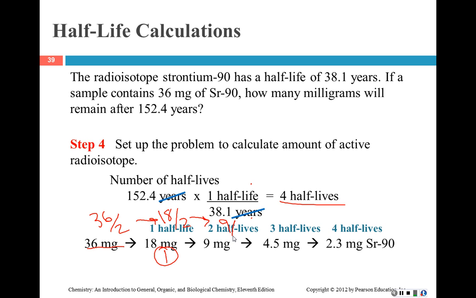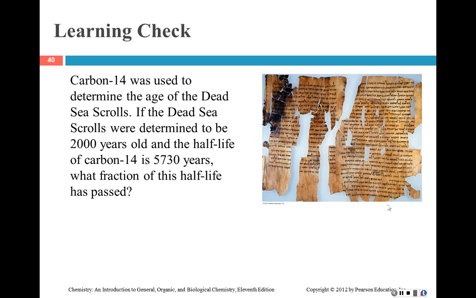Then 9 divided by 2 is 4.5. 4.5 divided by 2 gives you 2.25 or 2.3. So that's 1 half-life, 2 half-lives, 3 half-lives, 4 half-lives. So our answer would be 2.3 milligrams of strontium-90 after 152.4 years if we started with 36.